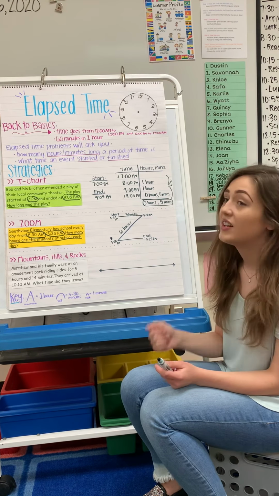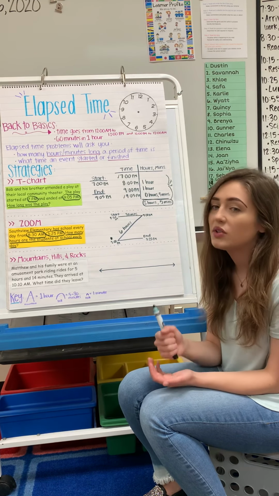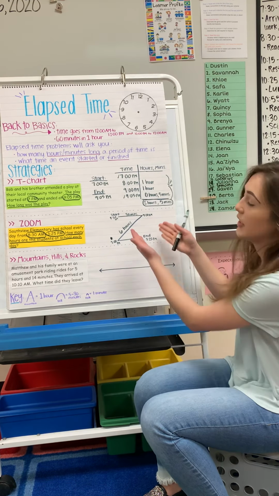So I know that to get from 9 to 10, that would be 1 hour, and so then I'll just count up from there. So really, it's perfectly fine if you need to use your fingers, but you get to have something that you can actually see. You can visualize it instead of trying to do it in your head, because sometimes you can make mistakes that way. So we have gotten from 9 o'clock to 3 o'clock, and that took 6 hours.